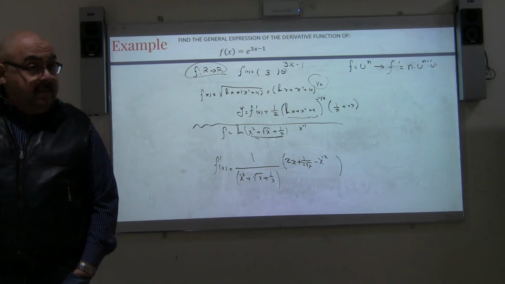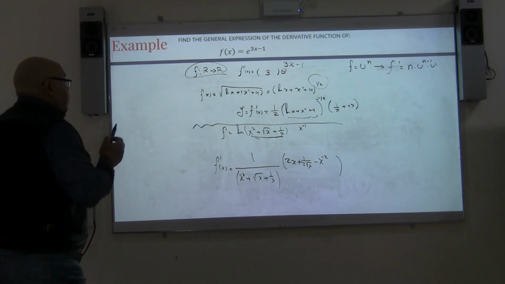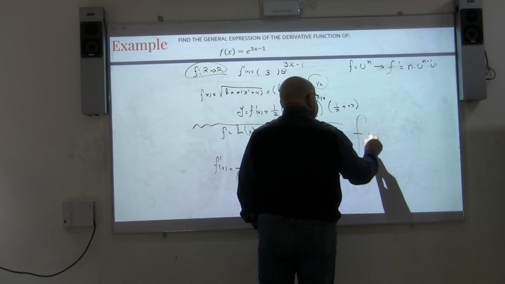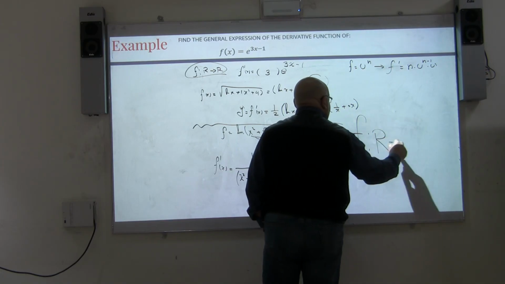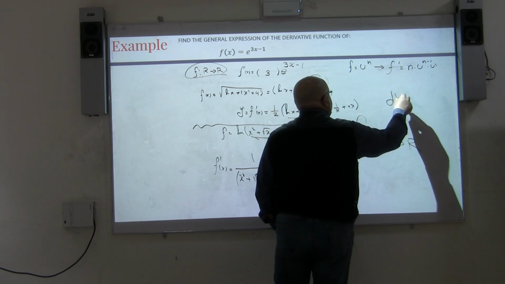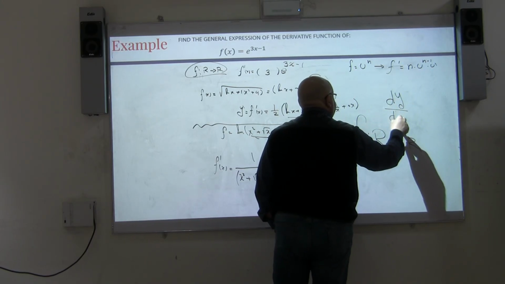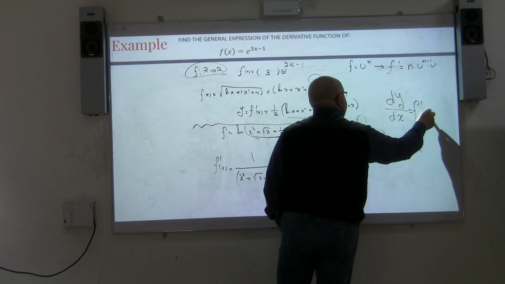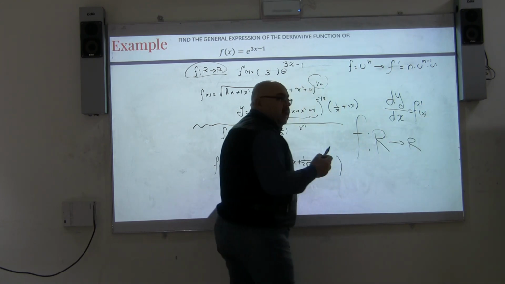That's the total derivative. I want you to remember that we use the total derivative in the case of functions running from R to R, single valued functions. This is what's called a total derivative, differentiating y with respect to x, or I can symbolize it by putting f dash of x.